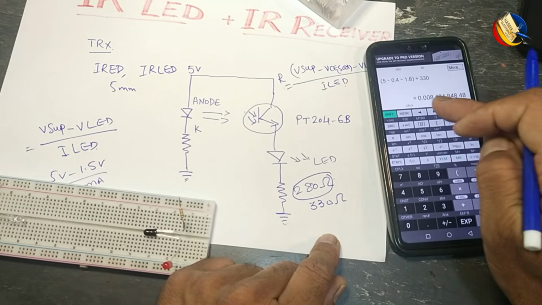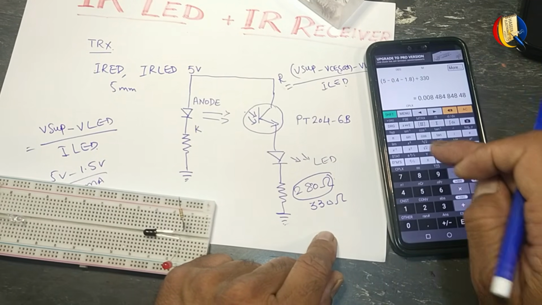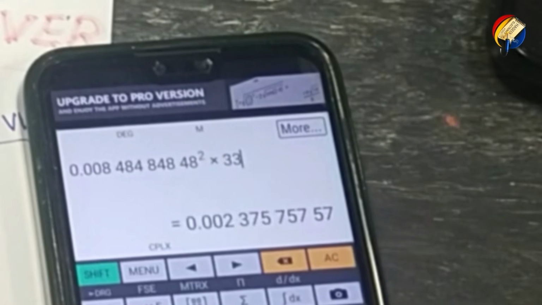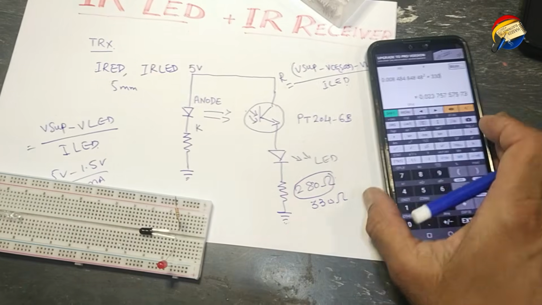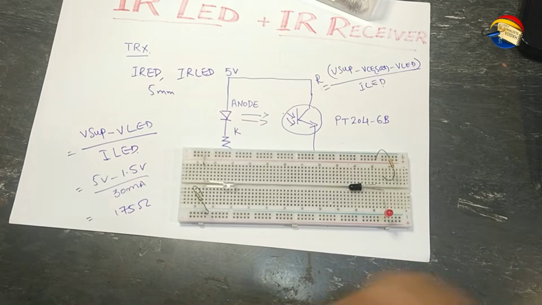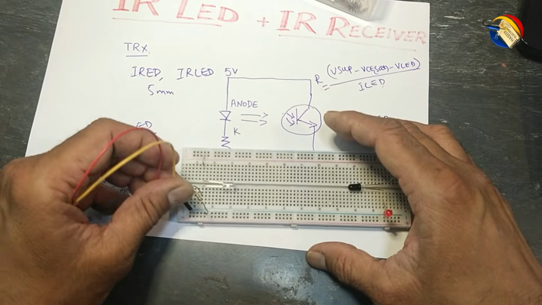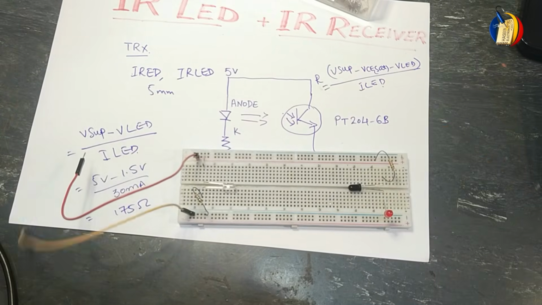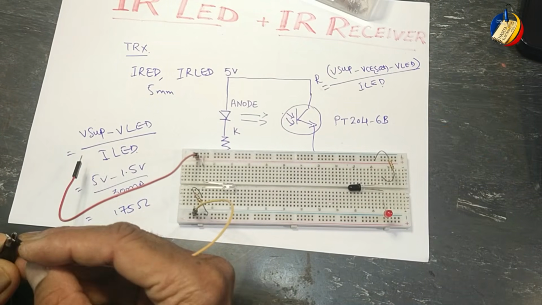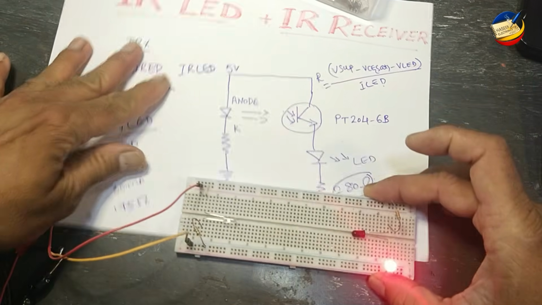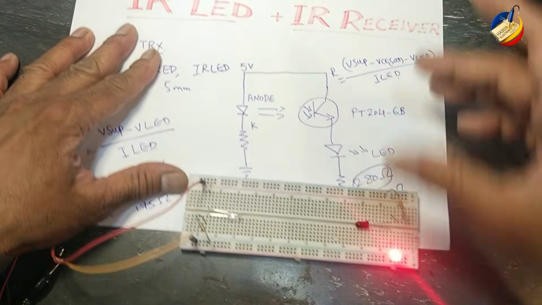Now 0.008 squared multiplied by 330, a quarter watt resistor is fine. Let's apply power. Common here, positive here. If you are designing for 12 volts, you can calculate the resistor the same way. Perfect.